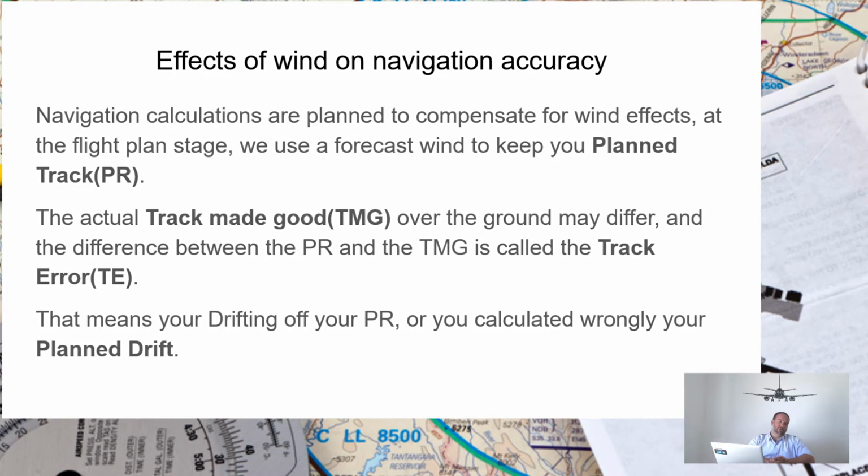Track made good is what you end up doing if you drift out of your track or your planned route. That means you're drifting off your planned track, or you calculated your planned drift wrongly.